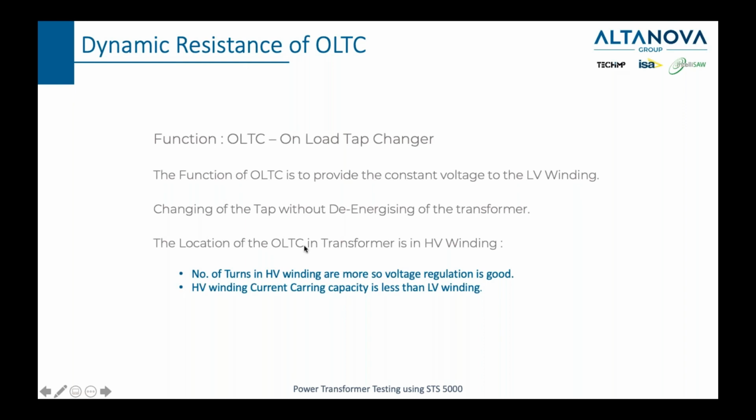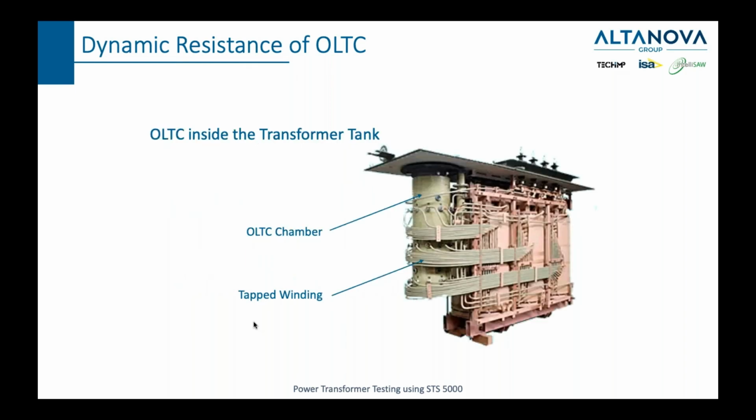Usually, the location of the on-load tap changer is in the high voltage winding, because the current in the high voltage is lower than the current in the low voltage, and current is the parameter to take into consideration here. The number of turns in the high voltage winding is larger, so voltage regulation is good, and as we said, the current capacity is less than on the low voltage winding. When you strip naked the power transformer, you will see that it looks like this.